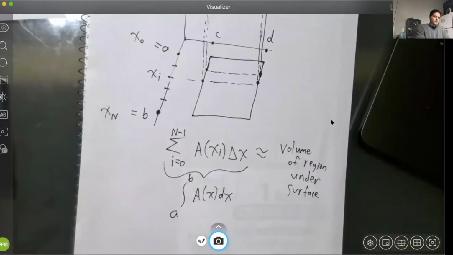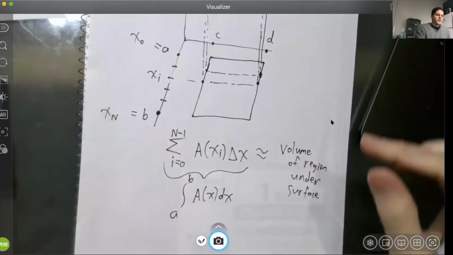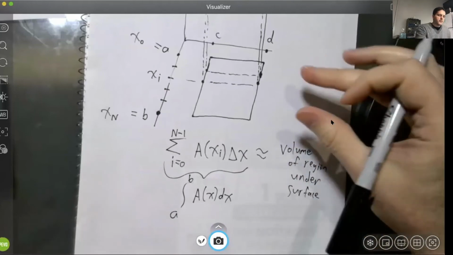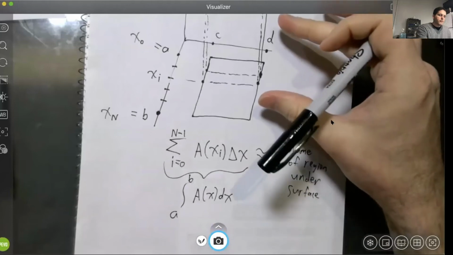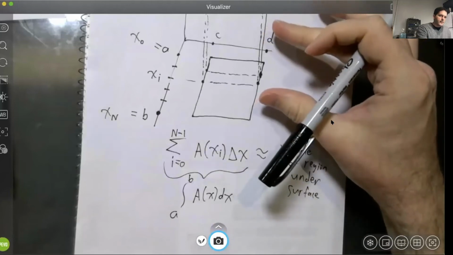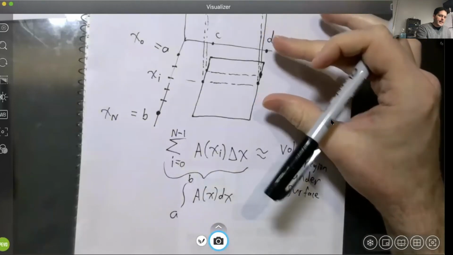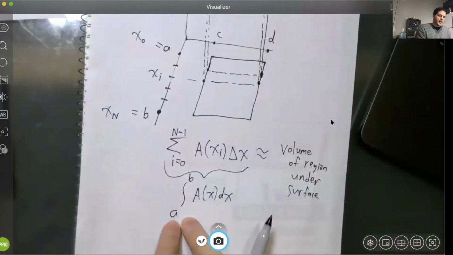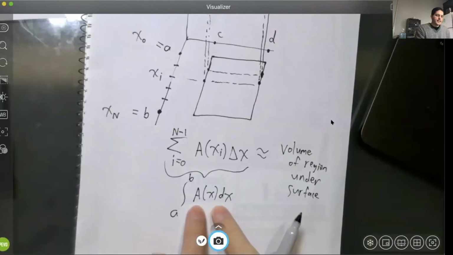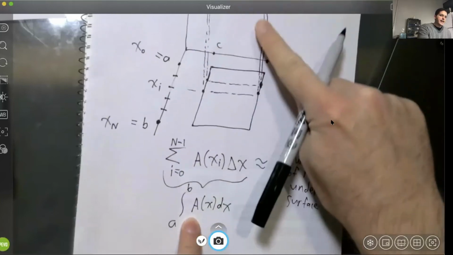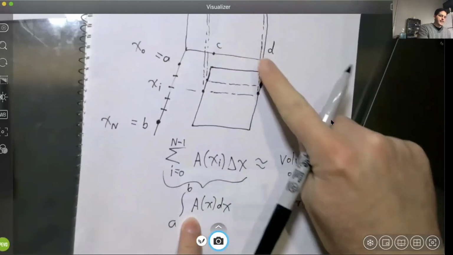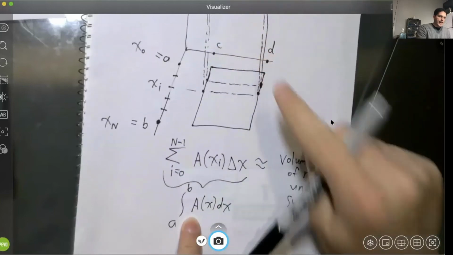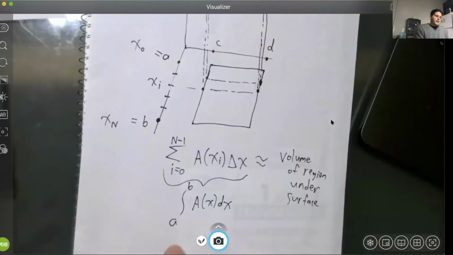So our goal was to compute the volume of the region under the graph of f. And what we discovered is that this volume is equal to the integral from a to b of A of x dx, where A is a function that tells us the area of this slice, which is located at x.